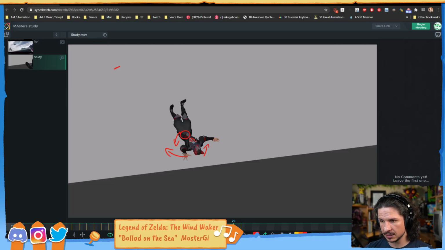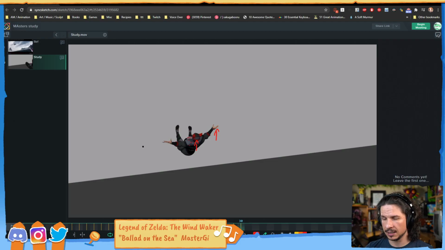So if his chest is here, for example, arm there, let's say arm here, on the next pose, we want to break that down. So the hips might be leading. Keep the chest bent back a little bit, so it's still dragging.